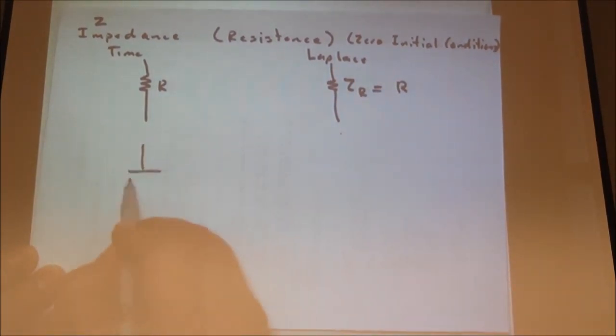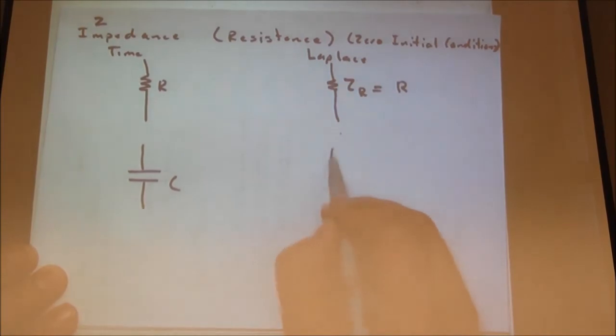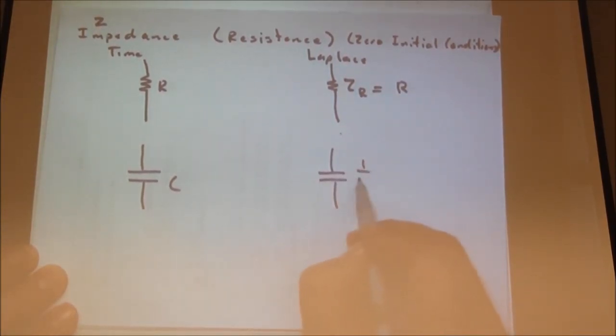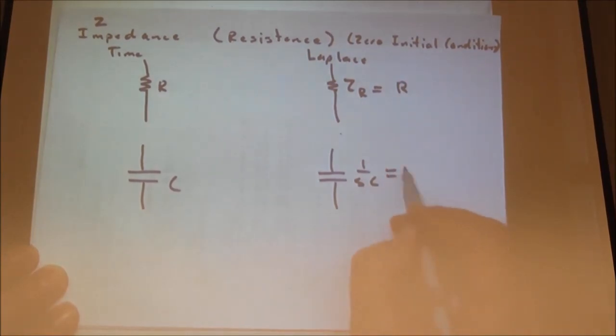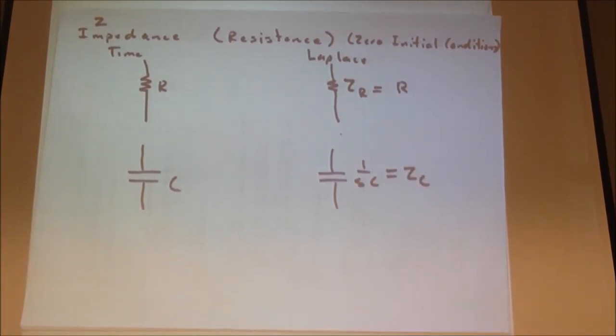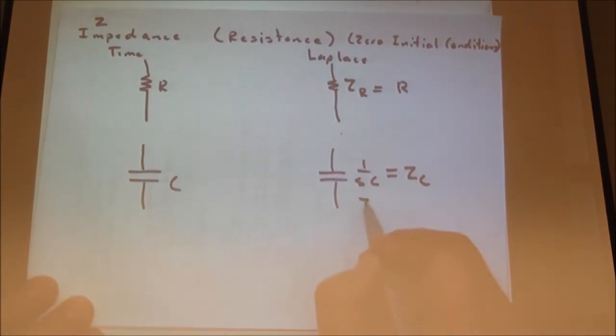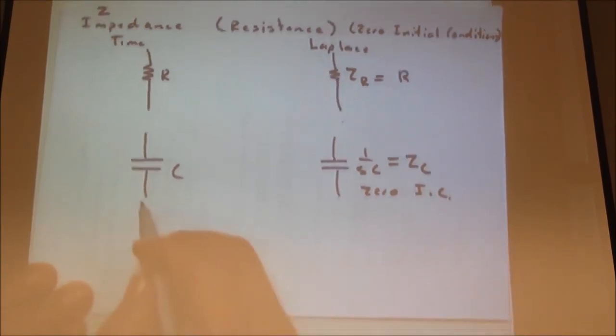The capacitor in the time domain, in the Laplace domain, is 1 over sC. And that's Z_C. I should have written the C first. With 0 initial conditions. So we'll be a little bit more general in just a second. 0 IC.